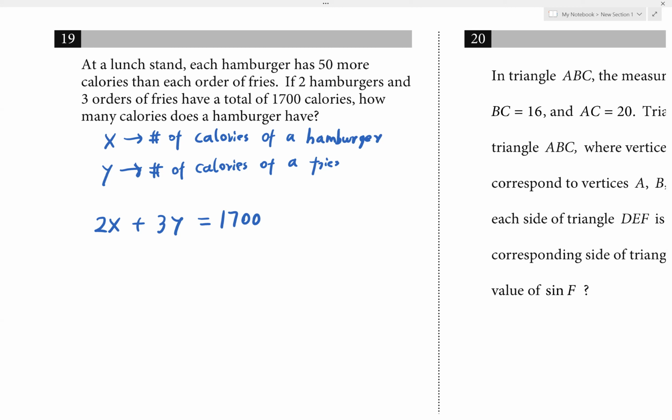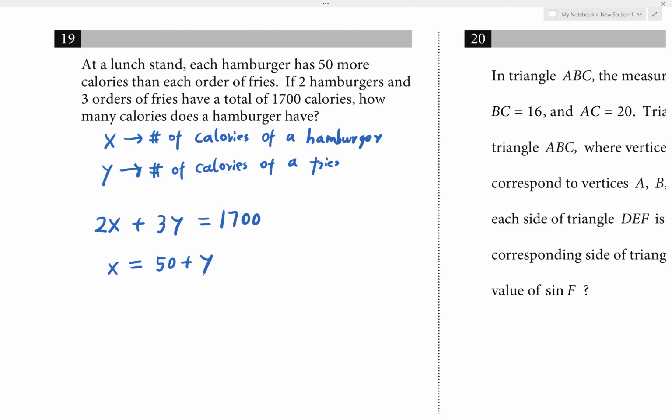Hamburger is x and fries is y, so x is 50 more than y. To translate that into an equation, x is equal to 50 plus y. That will be our second equation.